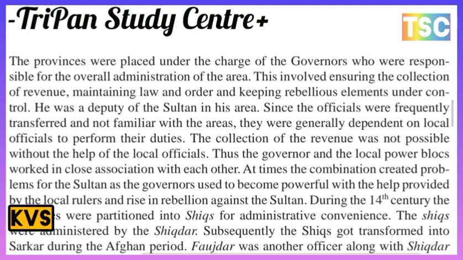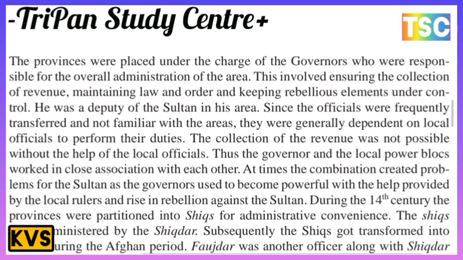The governor was the deputy of the Sultan in this area, and since these officials were frequently transferred and not familiar with the areas, they generally depended on the local officials to perform their duties. The collection of revenue was not possible without the help of the local officials.